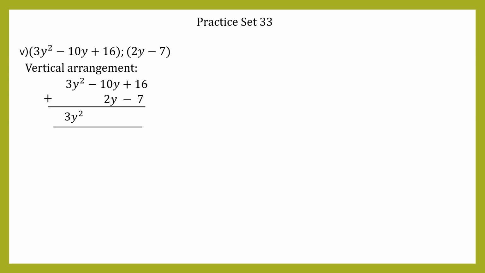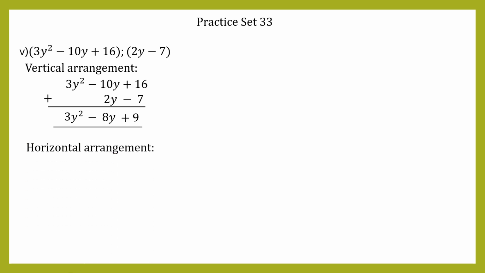So 10 minus 2 is 8 and the sign of the greater number is minus. So the answer will be minus 8y. Now plus 16 minus 7 is 9, plus 9 is the answer. So this is our answer in the vertical arrangement.